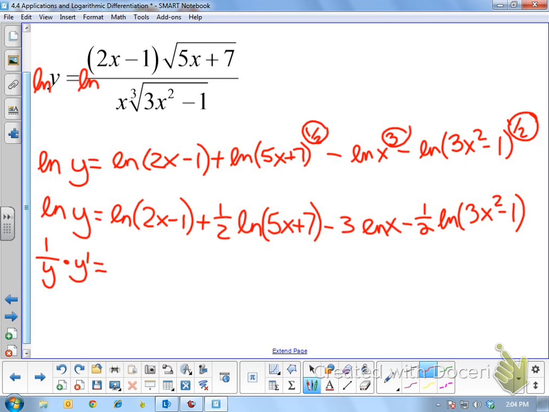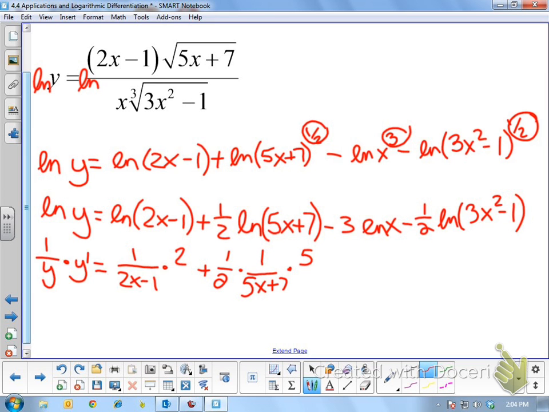So 1 over 2x minus 1 times 2. I could write out the chain rule, but we get a nice pattern with these. So plus 1/2 times 1 over 5x plus 7 times 5.